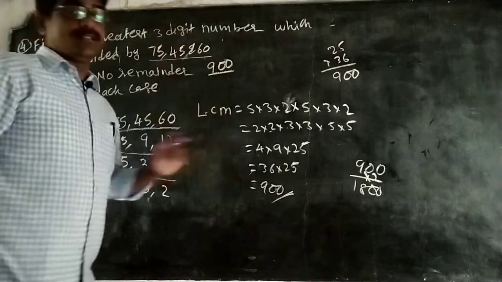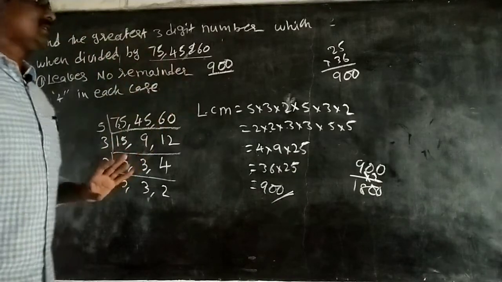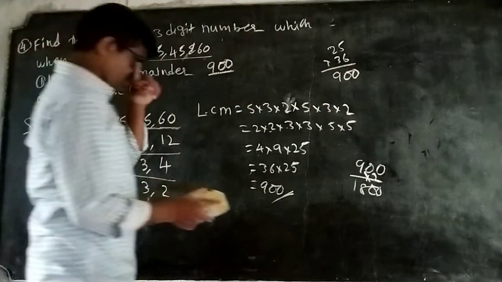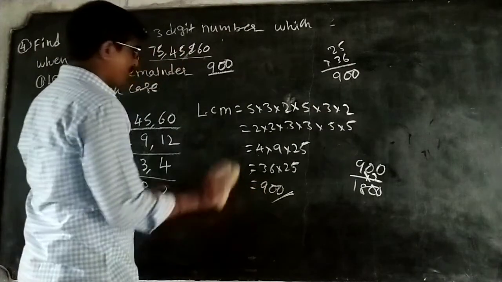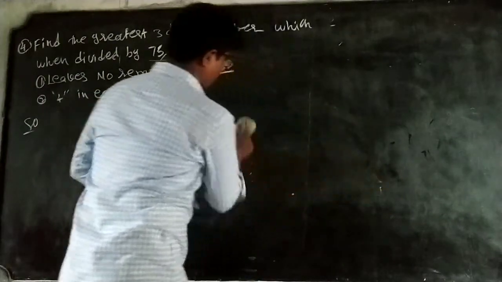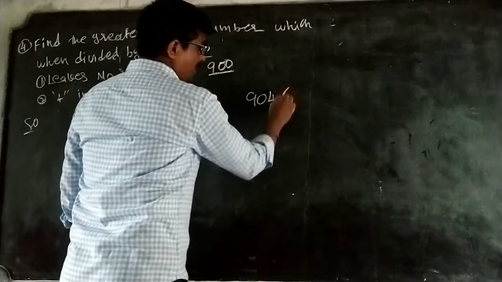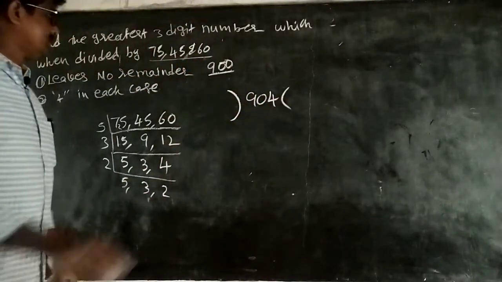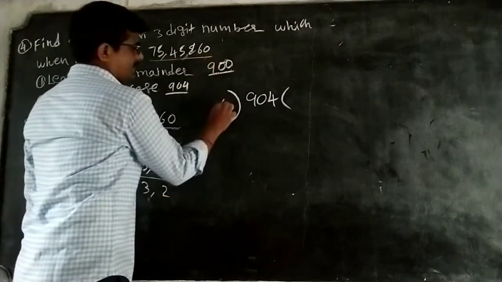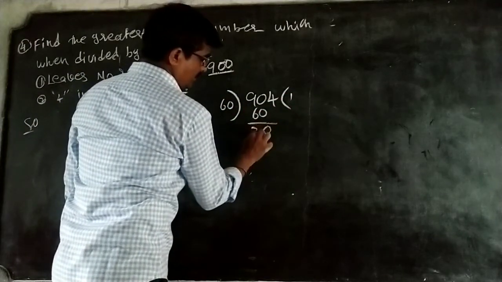Next, leaves remainder 4 in each case. How do we do it? If I take 900, leaving remainder 4 means you just have to add 4, so the answer is 904. Dividing by 60: 60 15s are 900, remainder 4. Whenever a remainder is asked, just add that number. If 4 is asked, add 4; if 5, add 5; if 10 is asked, add 10. So 904 is the answer for remainder 4 in each case.